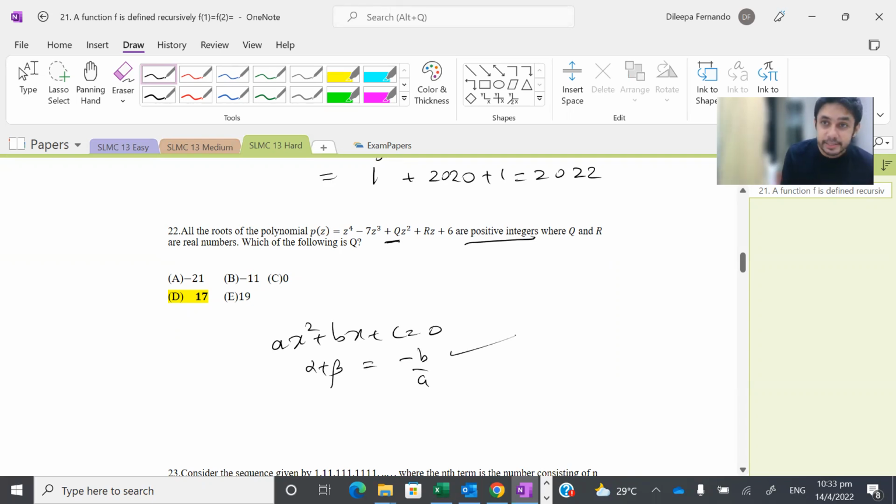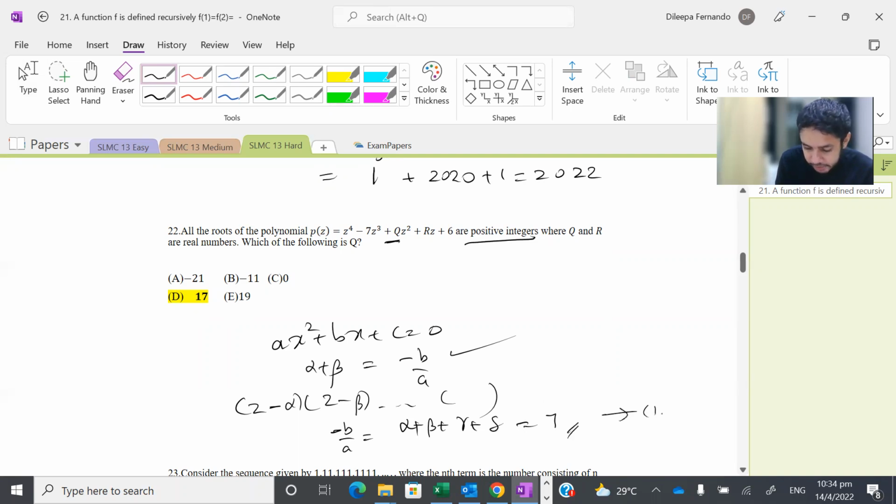Similarly, in this polynomial also, you can prove it by representing it as a product of linear terms, like z minus alpha into z minus beta, and so on. You can prove that minus b over a equals the sum of roots. Let's say the roots are alpha, beta, gamma, and delta. So this means minus b is 7, that means this is 7. So you have one equation.